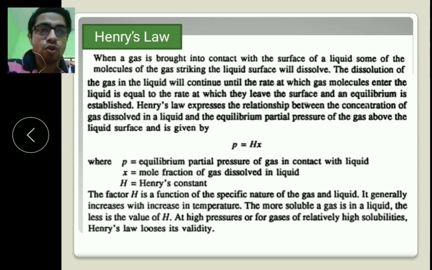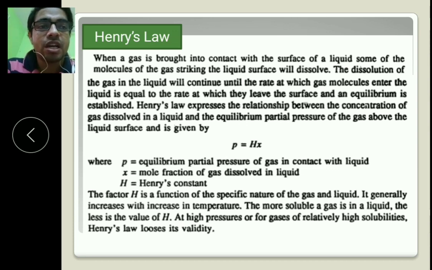The more soluble the gas is in the liquid, the less the value of H. Suppose the solubility of the gas is high, in that case the value of H is less. As the solubility increases, the value of H decreases.